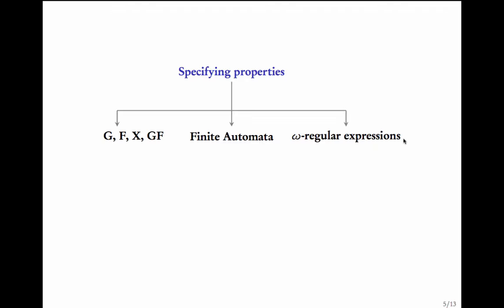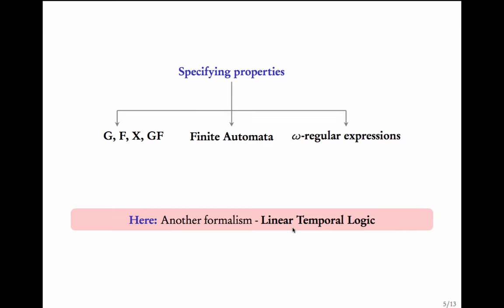In the last two modules, we have been seeing omega regular expressions for specifying properties. The most convenient and common formalism used for specifying properties is an extension of this kind of expressions GF, X, GF, etc. and that is called linear temporal logic.